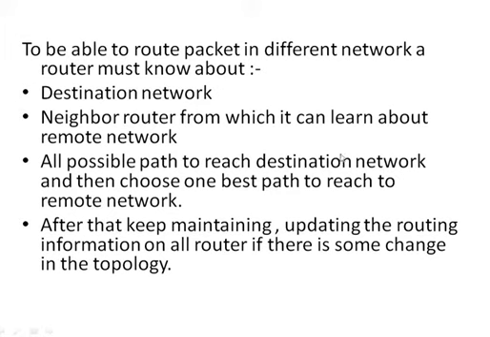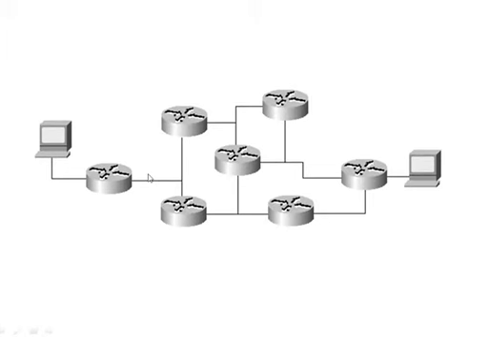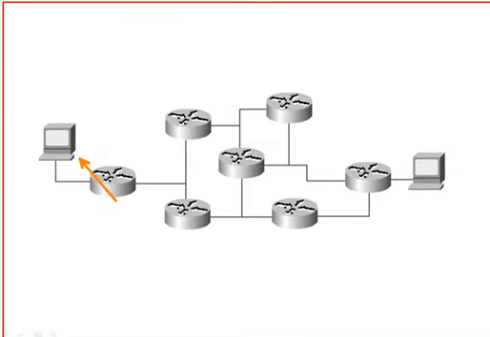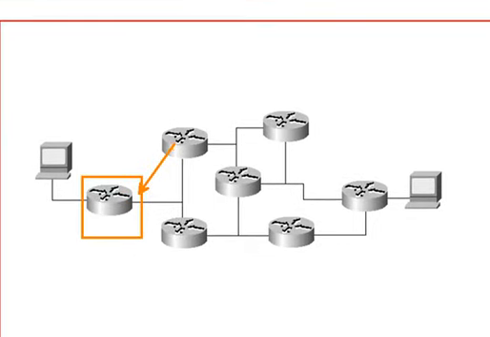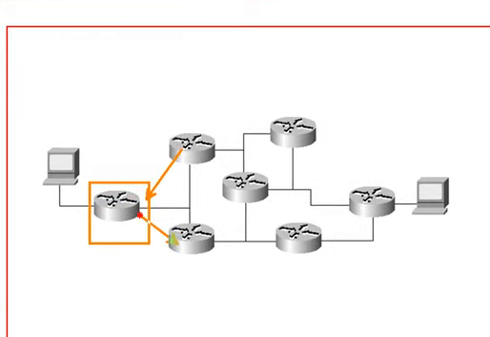It should know all possible paths to reach the destination network and then choose one best path to reach the remote network. First it should know about all the paths, then choose which one is the best path.